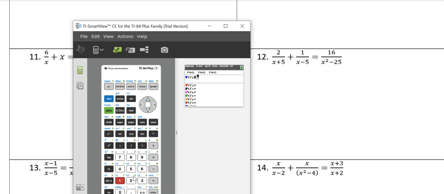Then we have 2 over x plus 5, and then we have plus, and we do it again, alpha y equals, 1 over x minus 5.